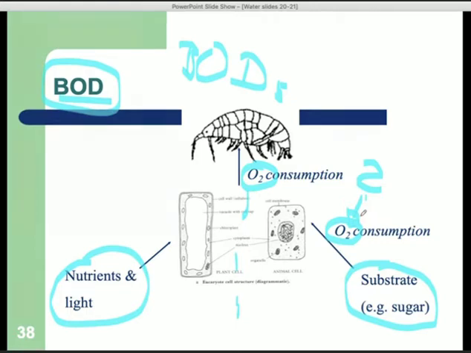Water has the capacity for oxygen retention that peaks at about 10 milligrams a liter. It depends on pressure and temperature and all sorts of things. But as a ballpark figure, you don't get more than 10 milligrams of oxygen into a liter of water. So let me just write this down. 10 is the maximum.